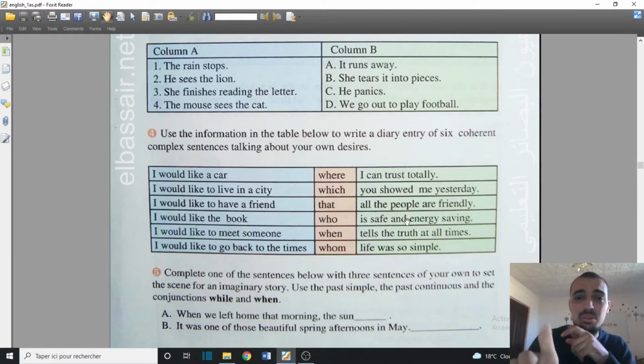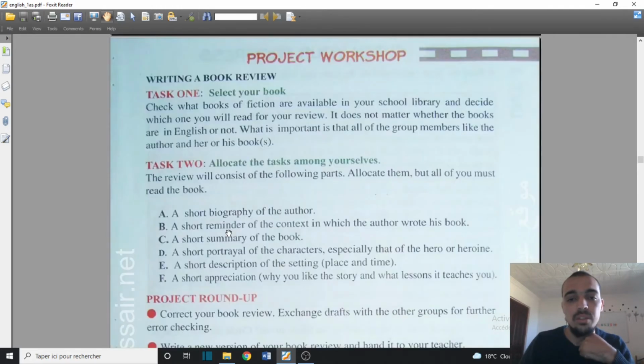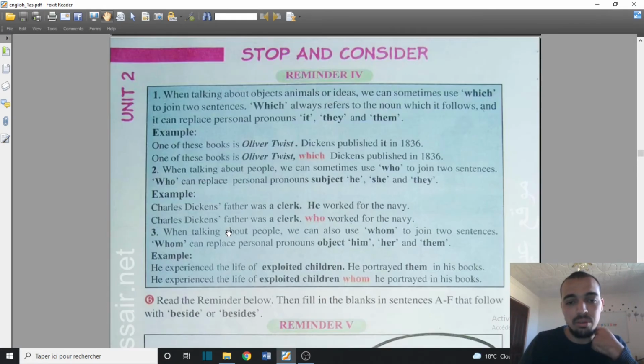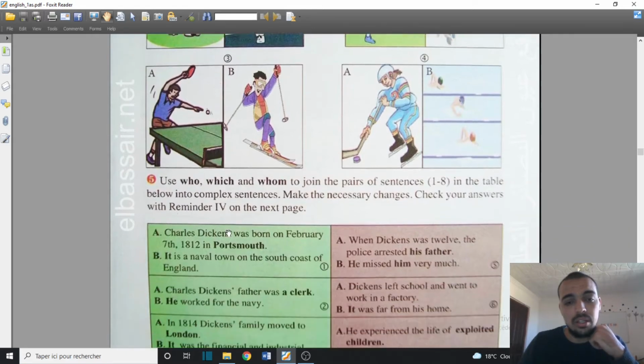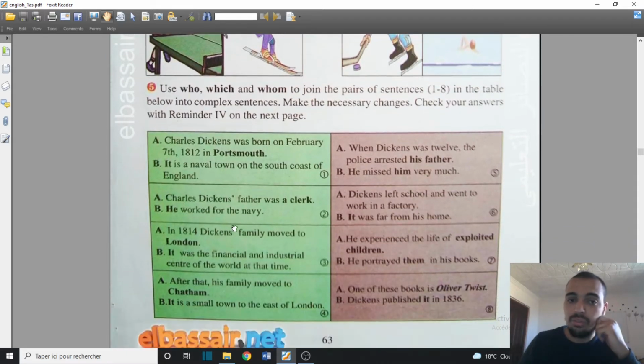So in order to use a relative pronoun, we need two sentences which have a relation between them. So for I would like the book, here we need to look for a relative sentence to this one. Then I can use one of these relative pronouns. Now, coming back to our explanation, the first item is we need two relative clauses.